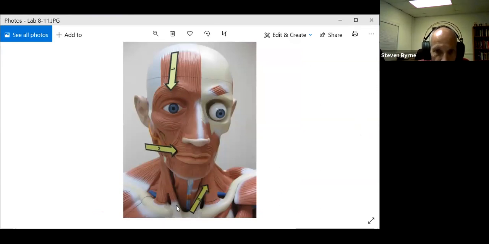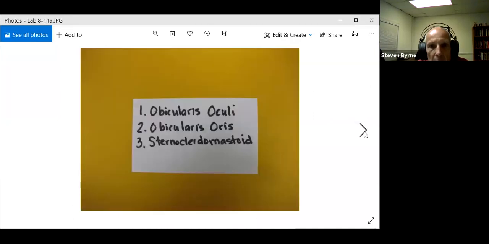So it would be the sternocleidomastoid on the side. You don't see where it connects, but that's the origin of this muscle. Okay, sternocleidomastoid, orbicularis oris, orbicularis oculi. Orbicularis means it's a circle, and it's around the eye or around the mouth. SCM, sternocleidomastoid.